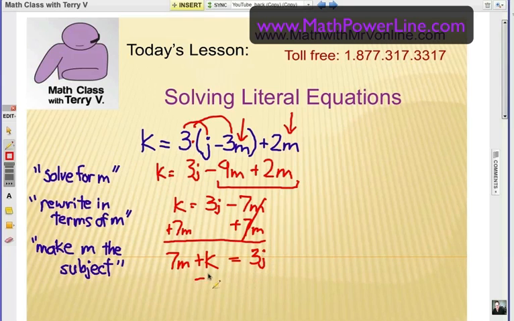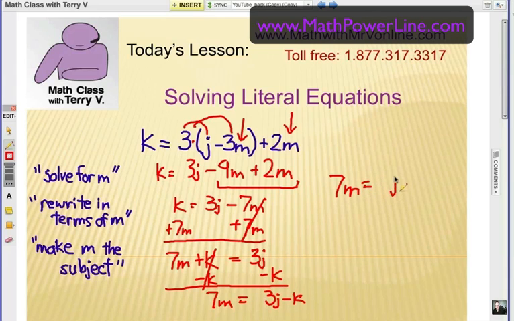Then I'm going to subtract k from each side. So again, we're just remembering all those little elementary steps of algebra. What you do on one side, you have to do to the other, and you do opposite operations to get rid of something. So 7m equals 3j minus k. And then let me just copy this up here. The final step is to get rid of the 7.